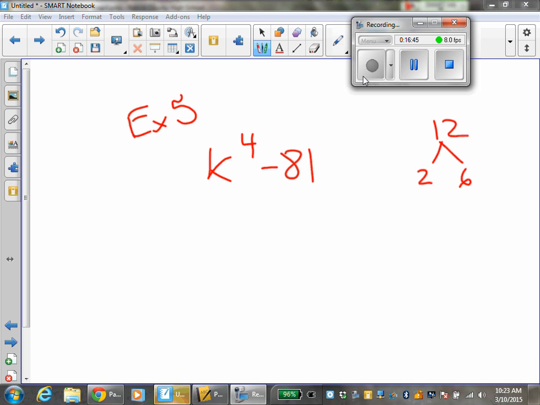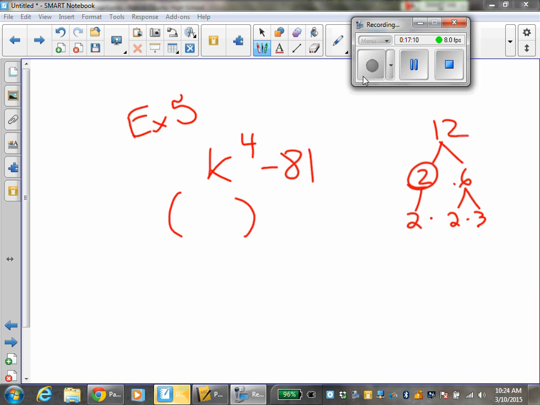No. You can only break one of them down again. What do you do with this guy? You just bring him down, and then you can take this guy and break it further into 2 times 3. So the prime factorization of this will be 2 times 2 times 3. Do y'all remember that from elementary school? Yes? Or 2 squared times 3.